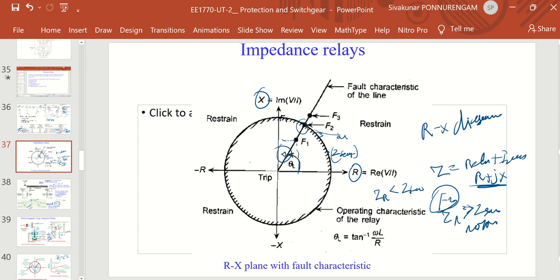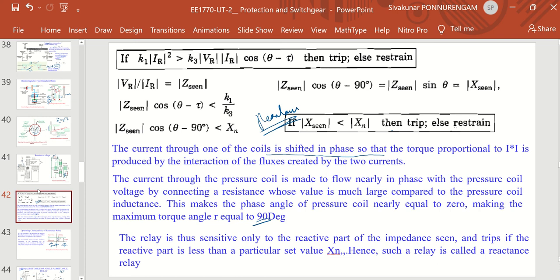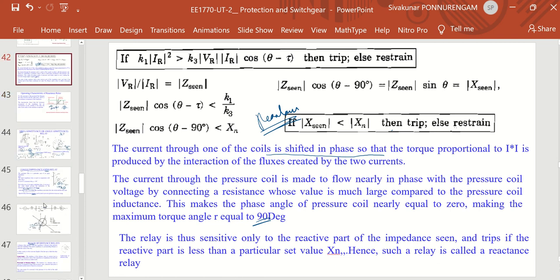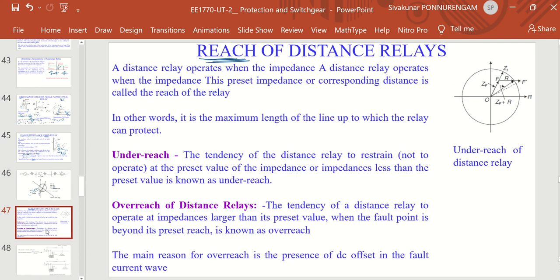Whenever the impedance Z of the relay system is less than the Z set impedance, the relay may trip otherwise, but due to some other reason the system does not obey this rule. Such a system reach is called the under reach.